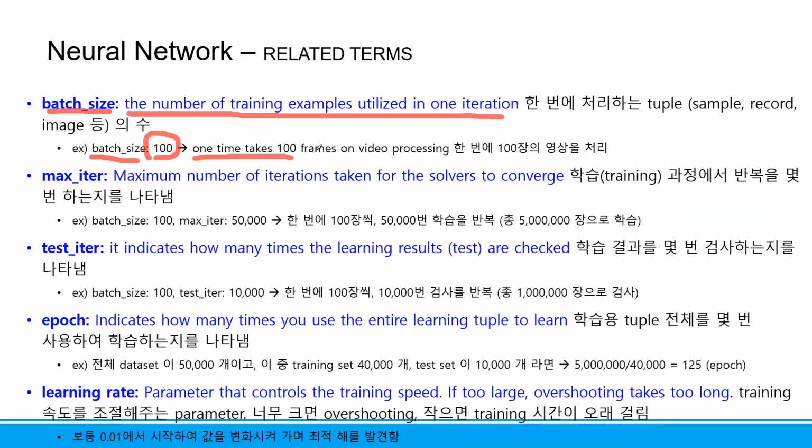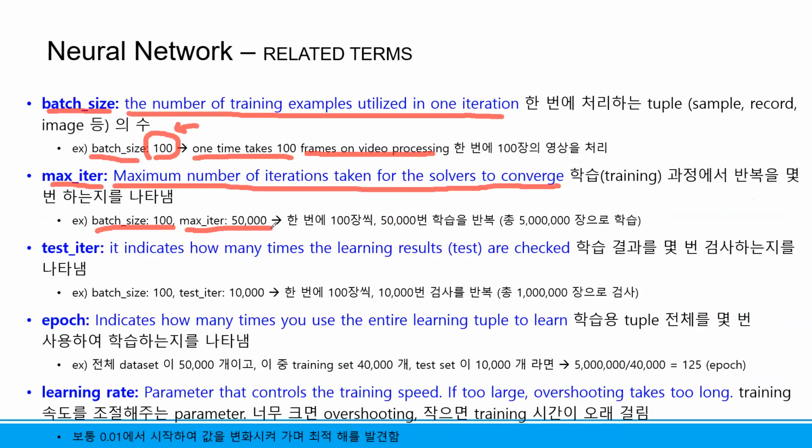Okay. So let's say this is the video, and the video is separated into frames. And we have 100 frames of video processing. We call it, the batch size is 100. We have the maximum iteration. It means the maximum number of iterations taken for a solver to converge. So let's say I have the batch size of 100 and I set the maximum iteration to 50,000.